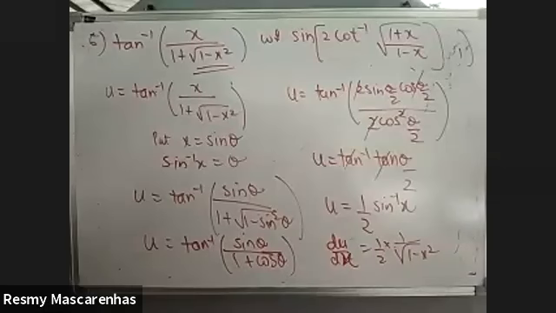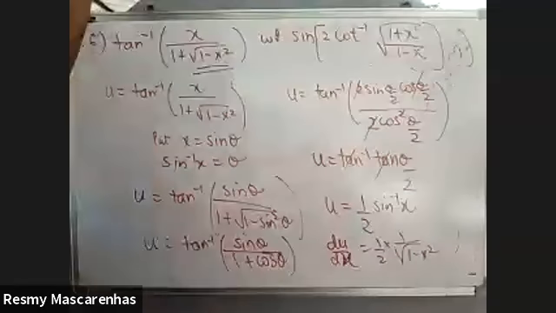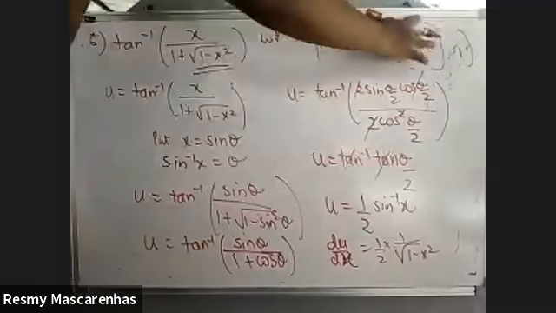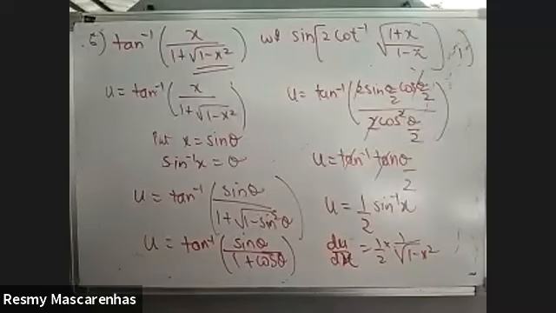Then after that, what is the main substitution? x, how much you have to take it as? Cos theta. Yes, cos theta. Because this is not plus x square, to take it as tan theta. This is root of 1 plus x upon 1 minus x. So if it is in this form, you have to take x is equal to cos theta.